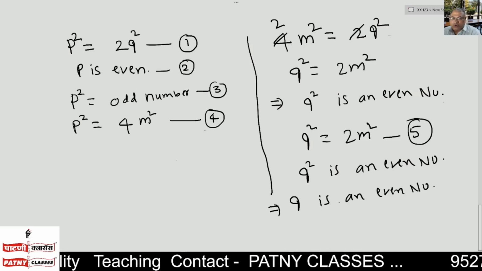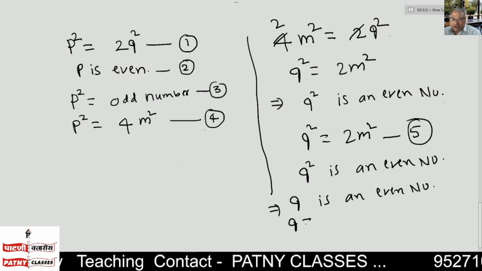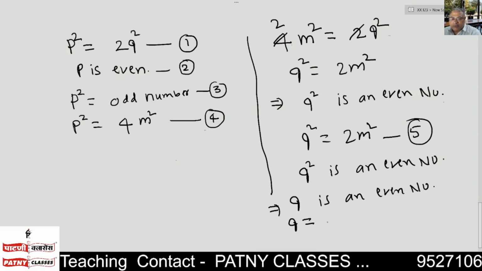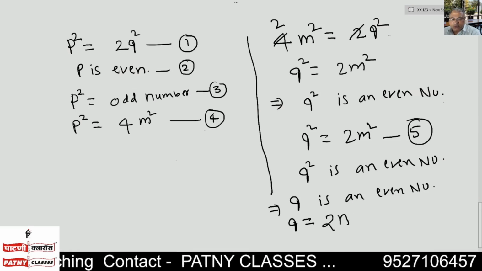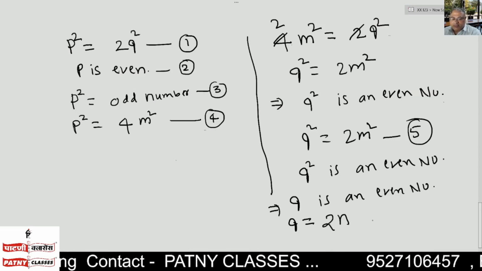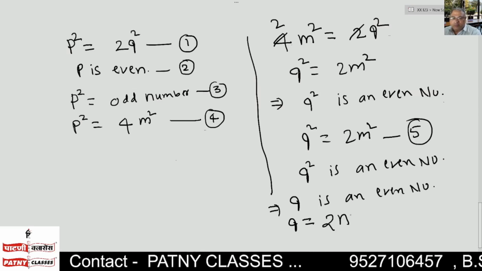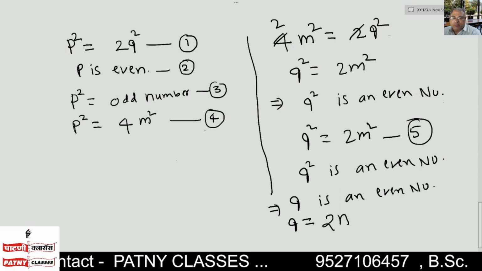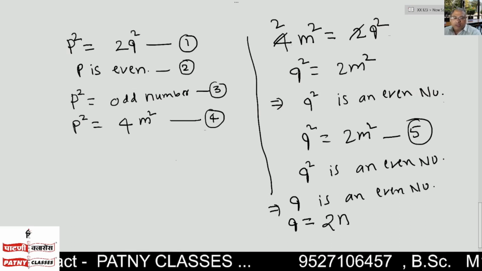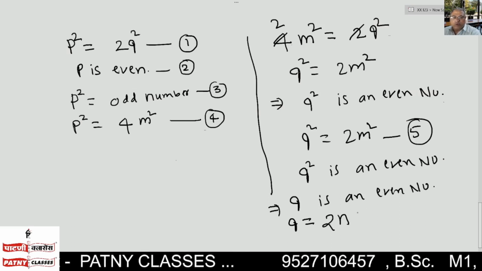If q is an even number, we can express it in a suitable form, so let us write it as 2n, where n is any natural number. I am just introducing a new letter n, because q is already an even number. Therefore q equals 2n.